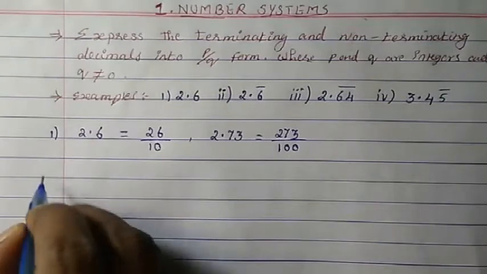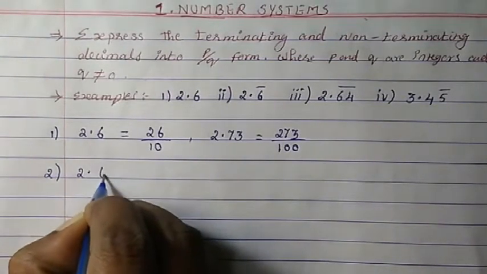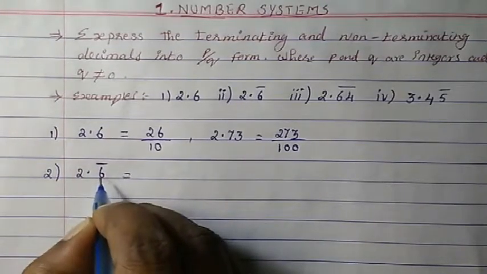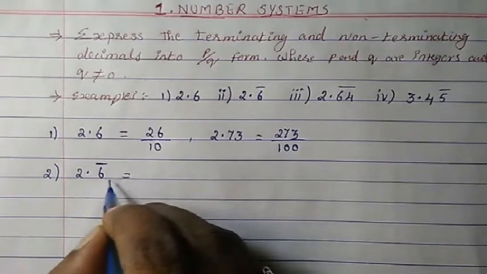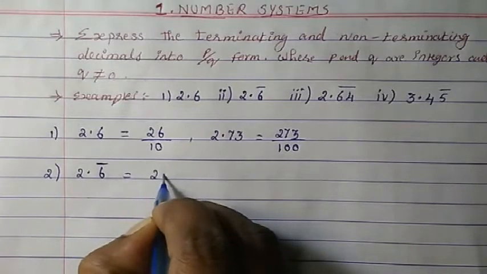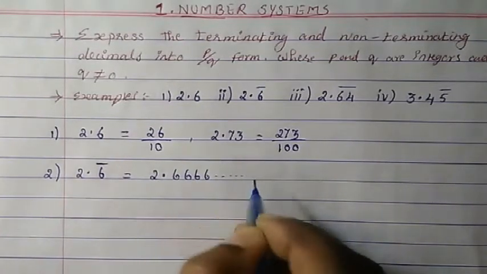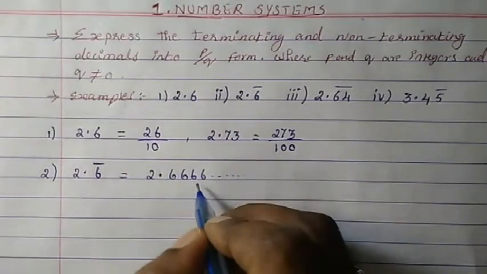Now, if this comes: 2.6 bar. What is the meaning of bar? The meaning of bar is that the number is non-terminating and recurring. 6 is being repeated, so we can write this as 2.6666 and it goes on, because it is non-terminating and recurring.